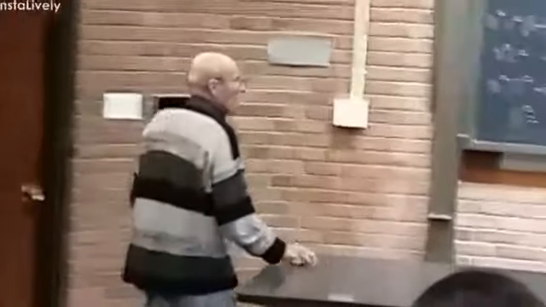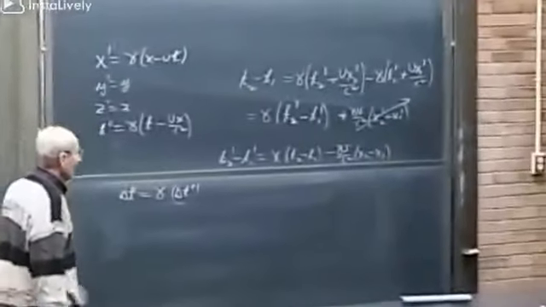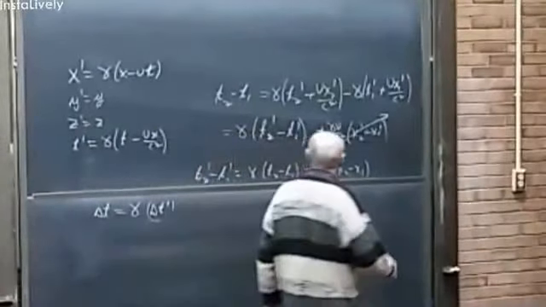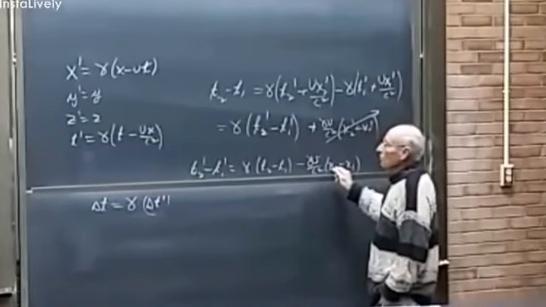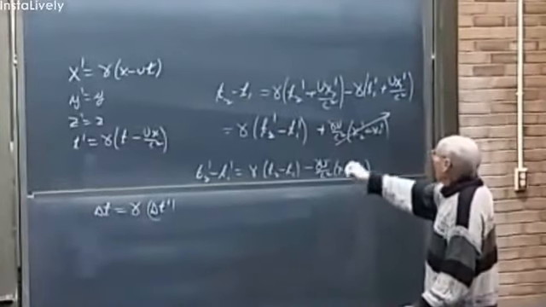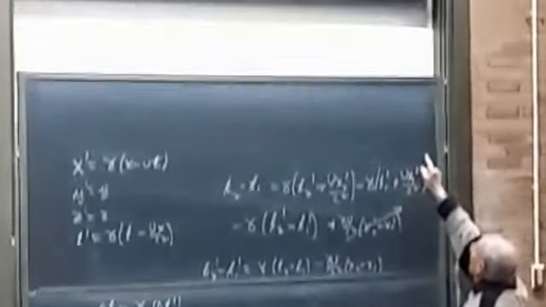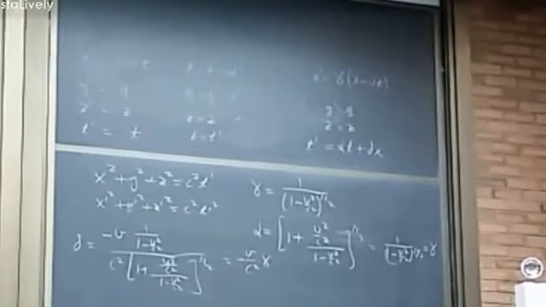Now, of course, I must be able to get the correct answer starting either way. So, if I chose this one, I would simply substitute for what x2 and x1 are. And x2 and x1 are the values we have right here.